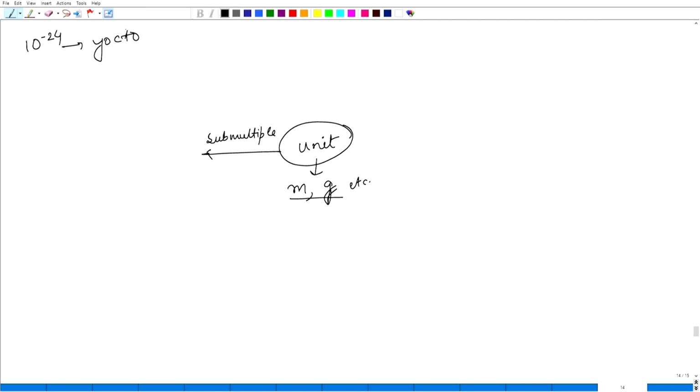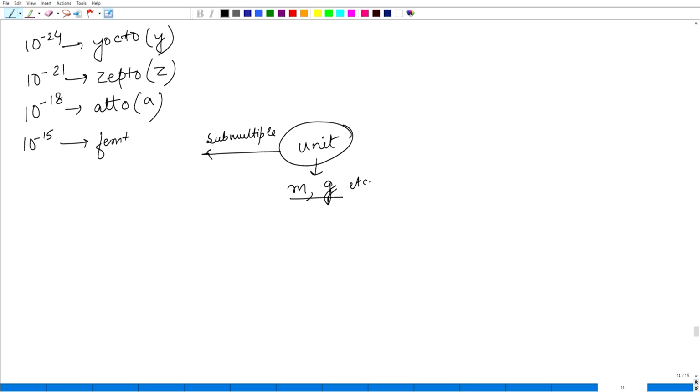This is called yocto or written by small y. 10 to the power minus 21 is called zepto, written by small z. 10 to the power minus 18 is called atto, written by small a. 10 to the power minus 15 is called femto, written by f. 10 to the power minus 12 is called pico, written by small p. 10 to the power minus 9 is nano, written by small n.